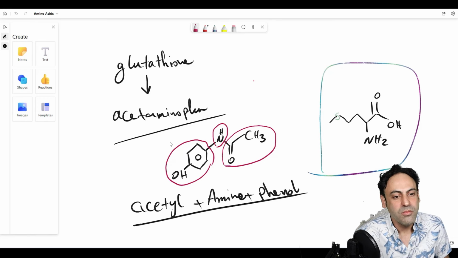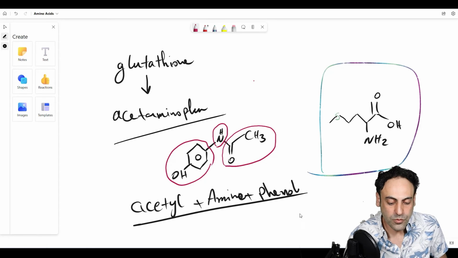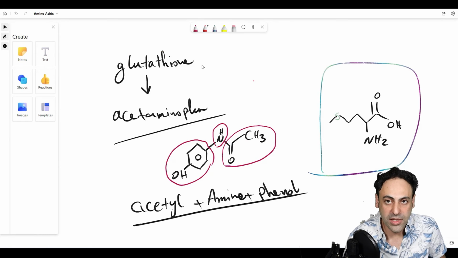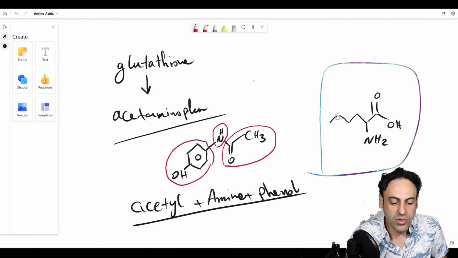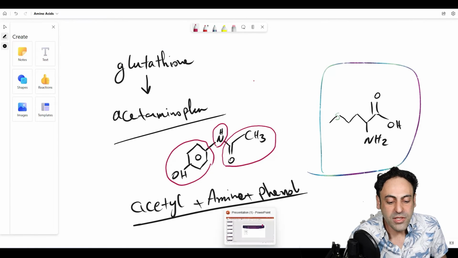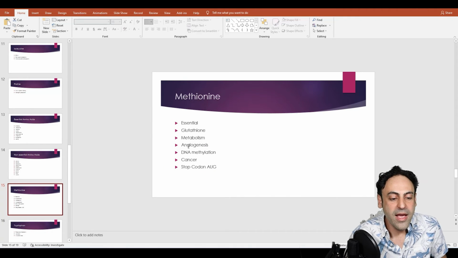So this is one of the most important functions of methionine, which is so important for the body. Another very important thing is DNA methylation.